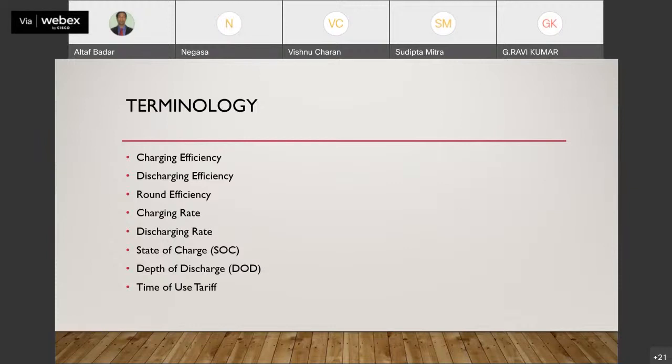If it is charged to 30% of the total charge, we'll say it is 0.3. The state of charge will usually move from 0 to 1. When I say 0, it is fully discharged. When I say 1, it is fully charged and will not take further charge.